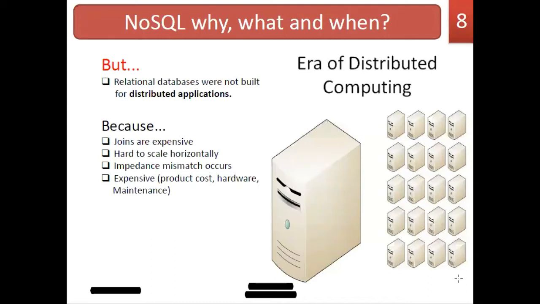Impedance mismatch also occurs when you use relational databases. Impedance mismatch is a kind of incompatibility between your database and the host language that you use for all your database manipulation.